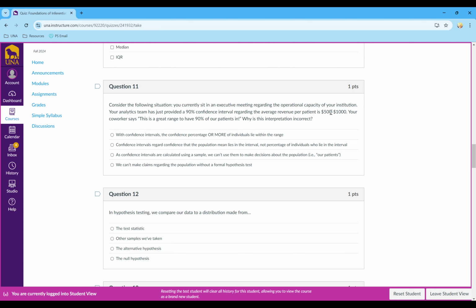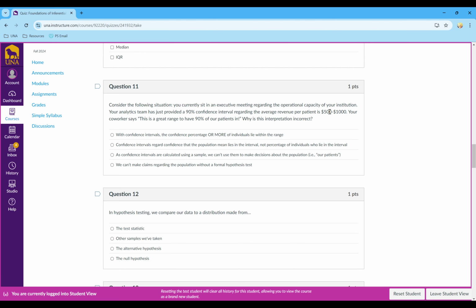It's not talking about 90% of your patients are in there. It's one of the big limitations, actually, of statistics, broadly speaking, that we do great prediction for averages, but it's very difficult to predict individuals. And I apologize, I can't remember how much we talked about this in your videos, but it's one of the reasons that we predict group averages so often.